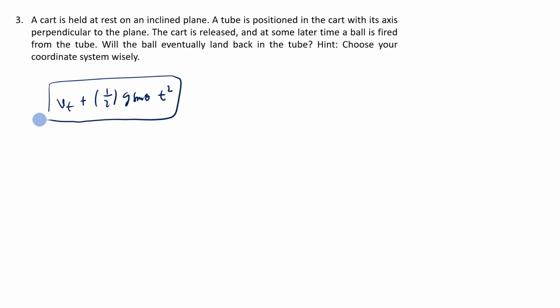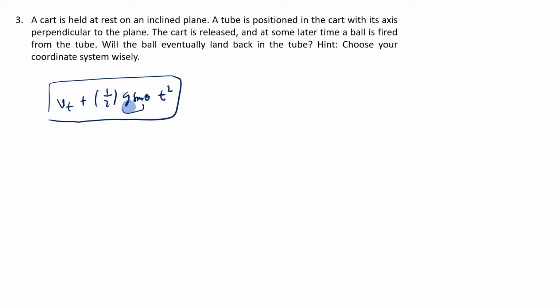In short, we have two true statements concerning the direction along the plane. First, the ball and cart have the same initial velocity and always the same acceleration, g sine theta, so they always have the same velocity.